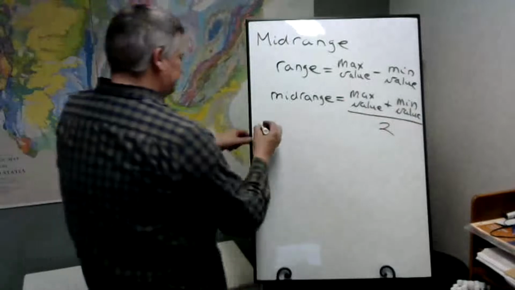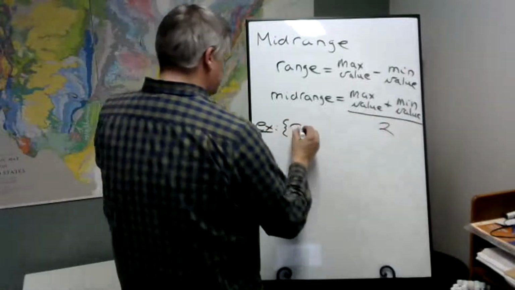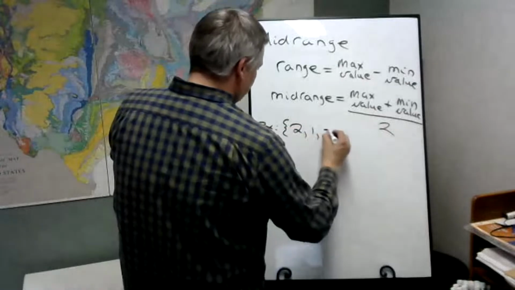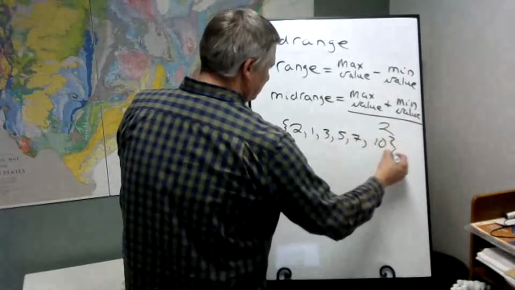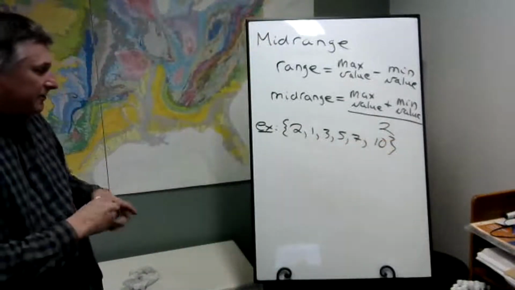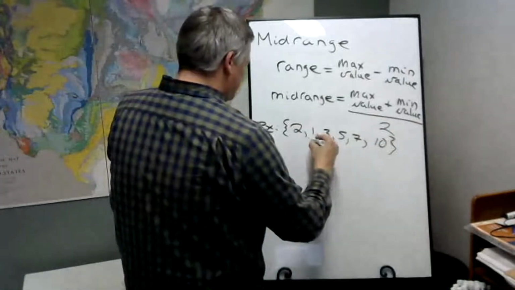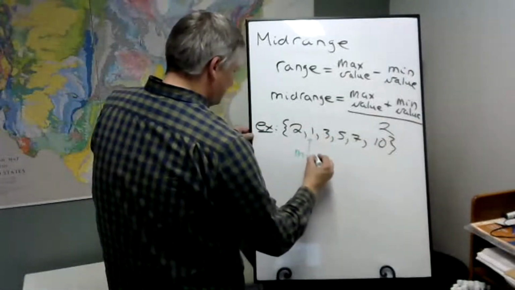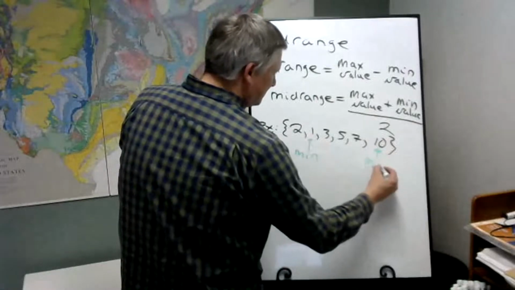So for example, here's our data. So we need to figure out our minimum value and our maximum value. The minimum value is going to be 1. The maximum value is going to be 10.